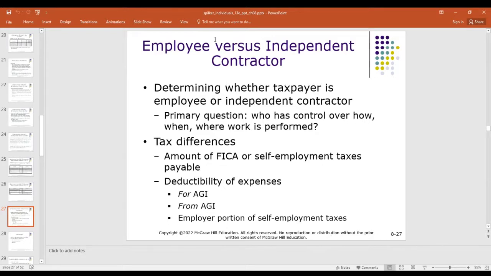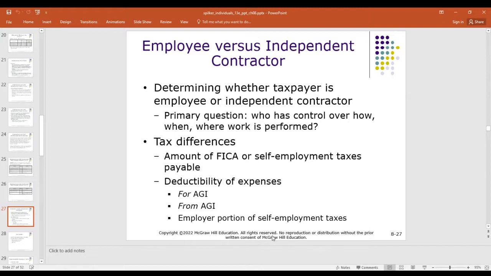Read through employee versus independent contractor. This is very important in our tax world. The IRS auditors love to look at this to make sure people are being properly classified on businesses as either being employees or independent contractors.